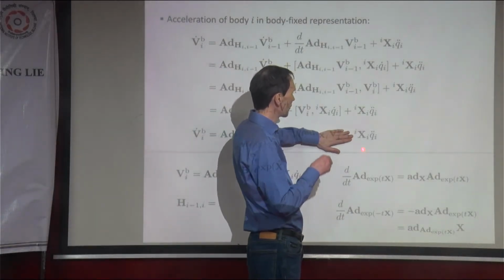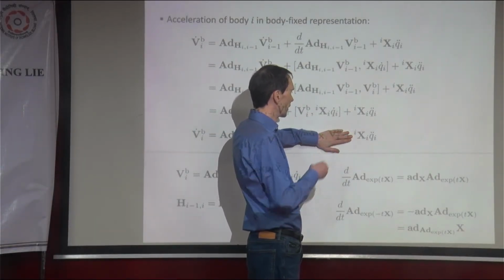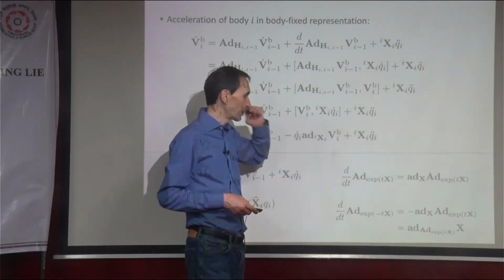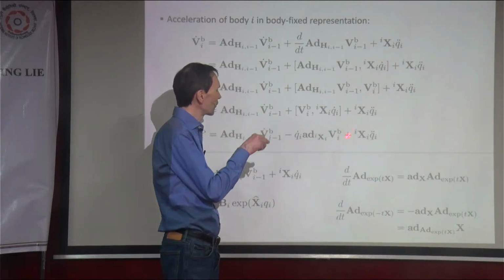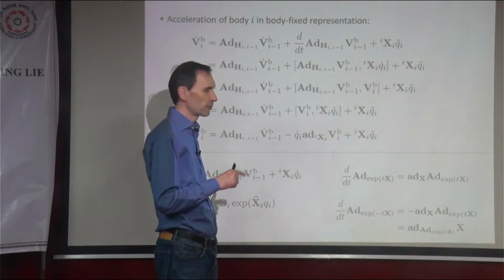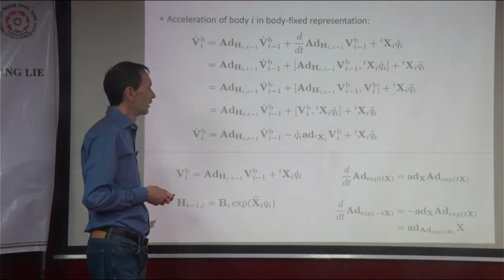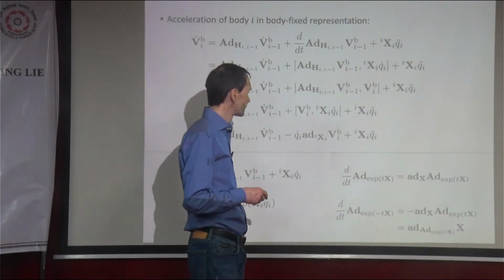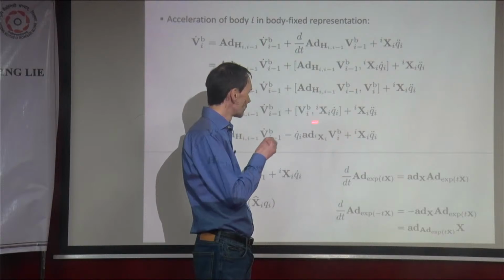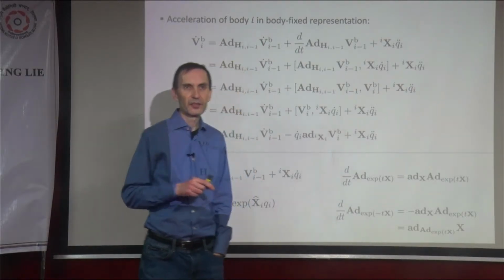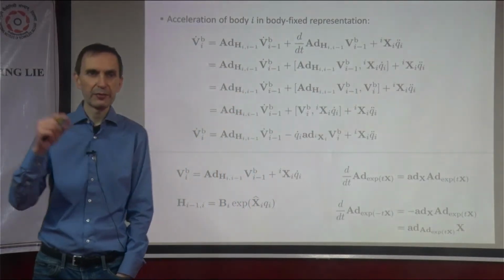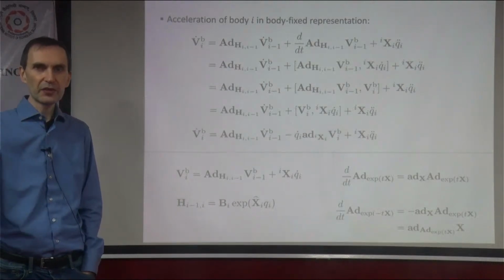First of all, of course, there is the same term that we had for the velocity transformation. But then comes this term in here. And if you have a bit of a feeling what it could be, essentially it's what you call the Coriolis term, the cross product term that you have when you express something in a moving frame.